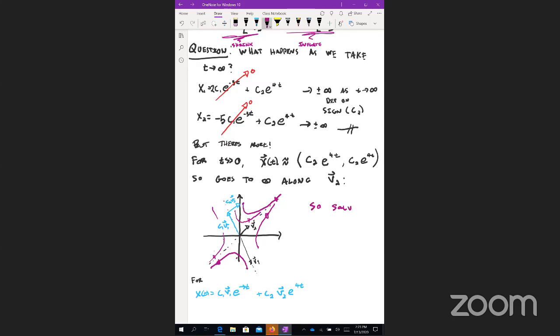So solutions sort of go to infinity, but along v2.